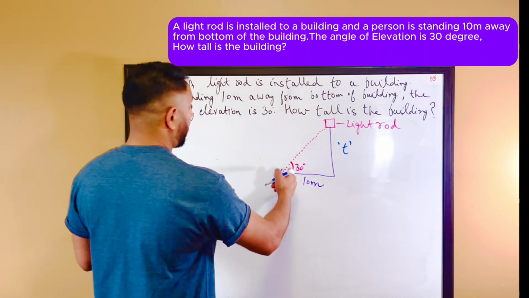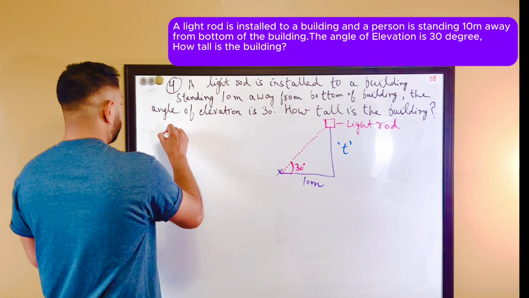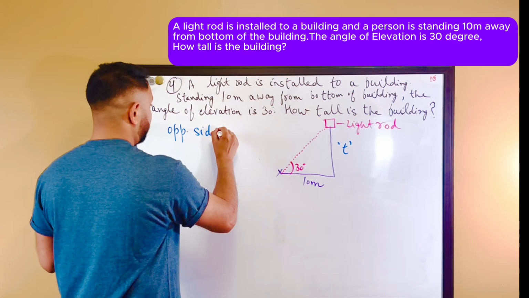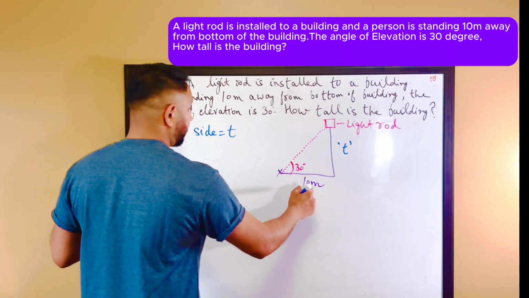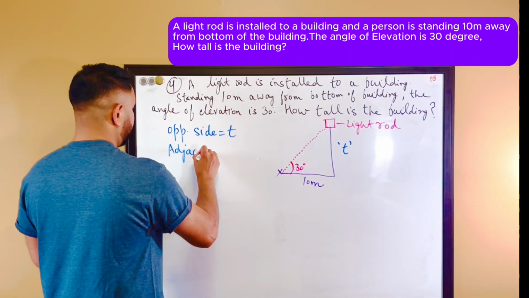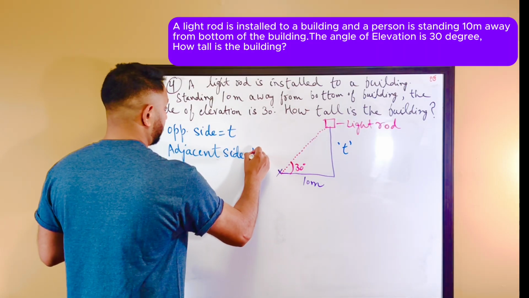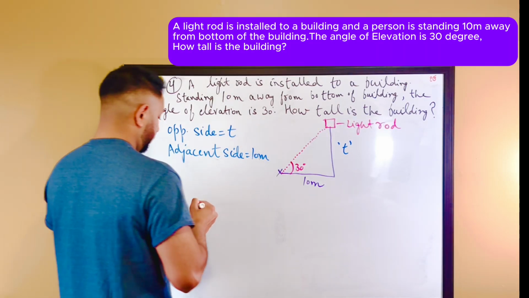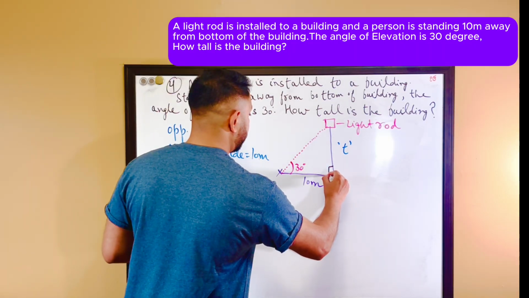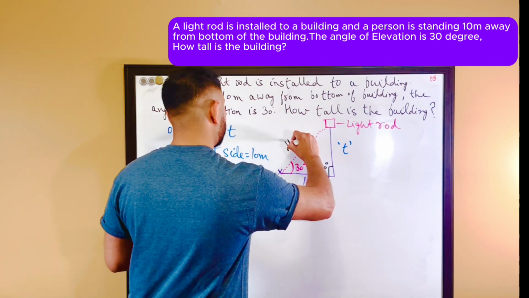The side opposite to 30 degree is t, which is also the opposite side, and the adjacent side is 10 meter. And the side opposite to the 90 degree angle is the hypotenuse.